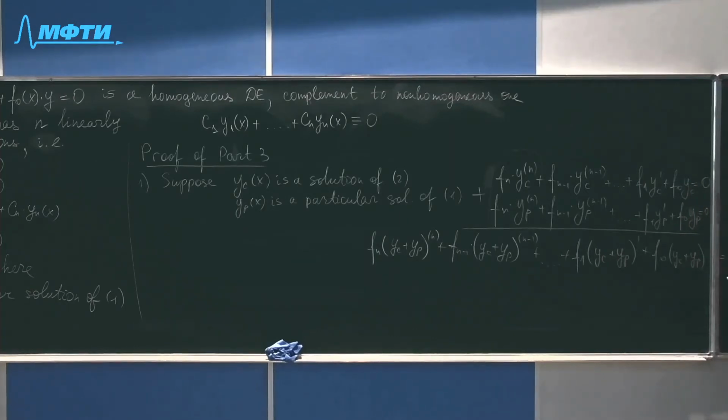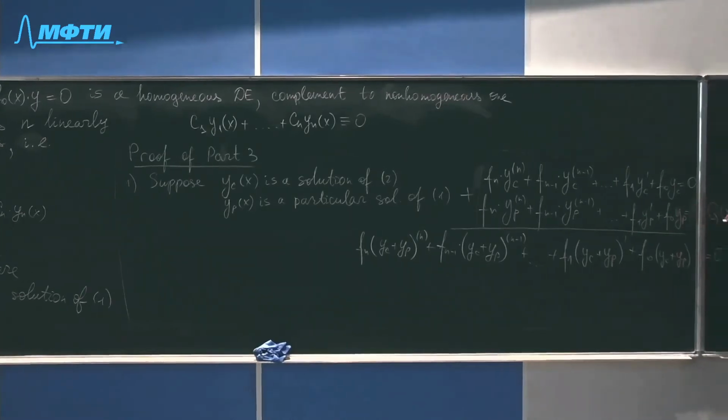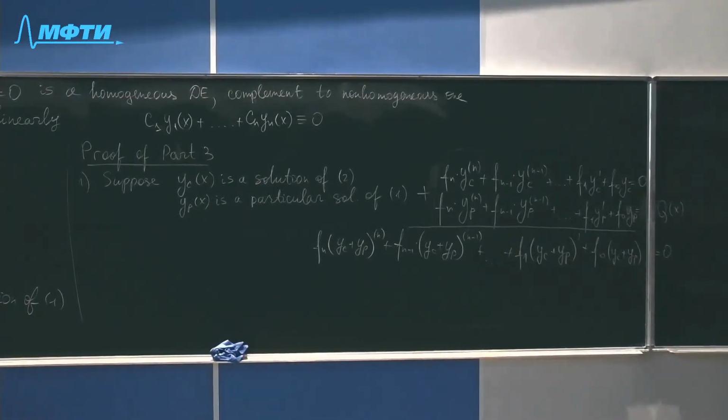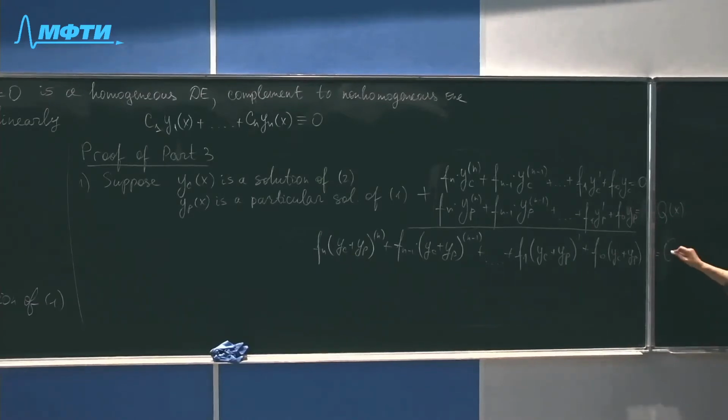And this proves it. So just a moment, thank you. I made a mistake. It must be q of x, right? Because yp is a particular solution of the original equation, so it is equal to q of x. And so the sum must be q of x.